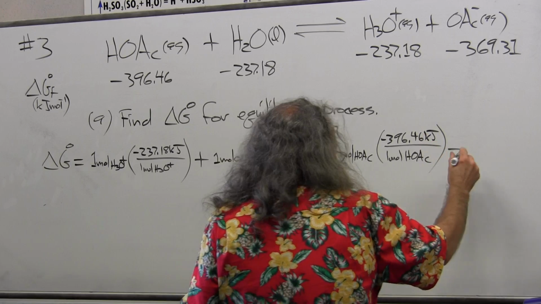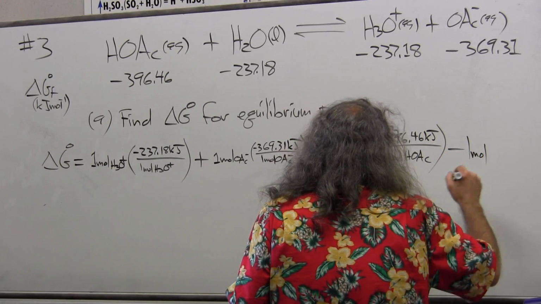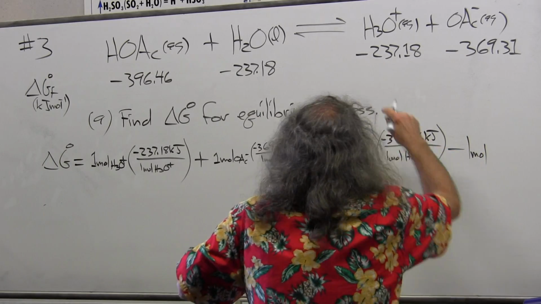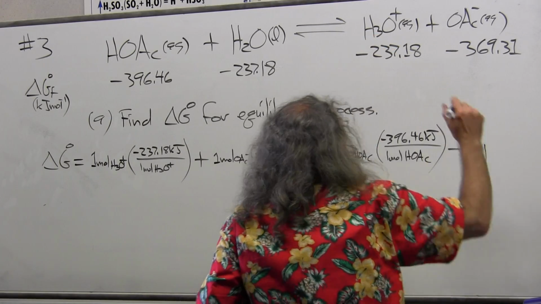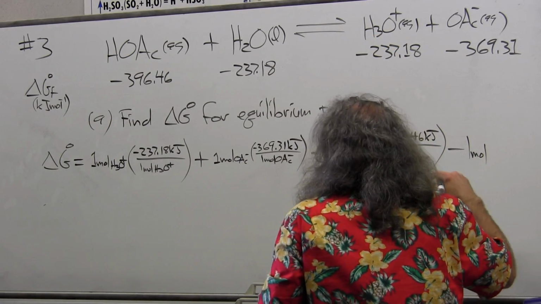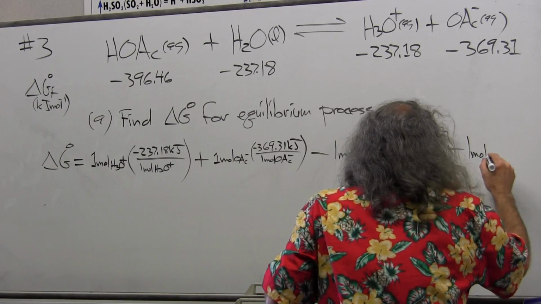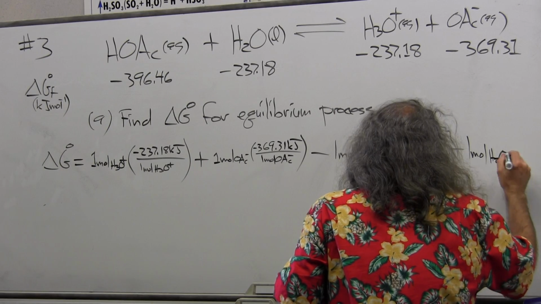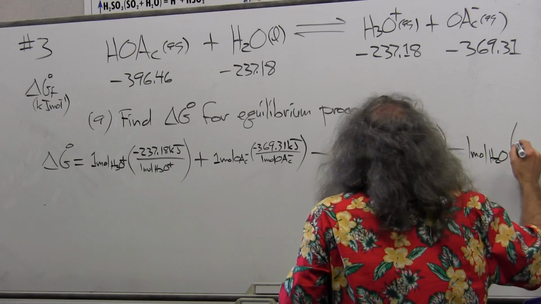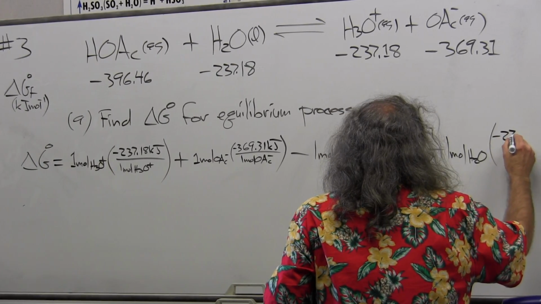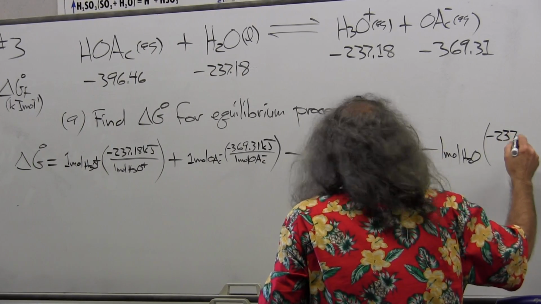Minus 1 mole of, where was I? Oh, water. No, hydronium ions. Okay. Oh, wait a minute. No, of water. Yeah, on the wrong side. 1 mole of water and minus 237.18.